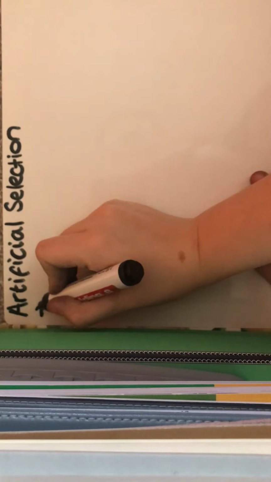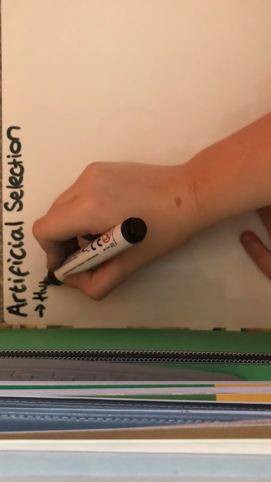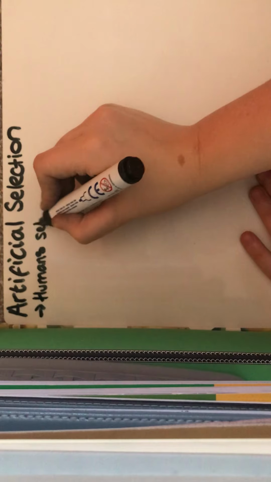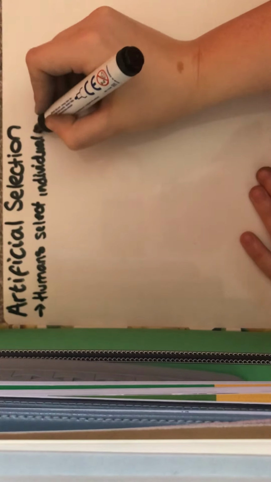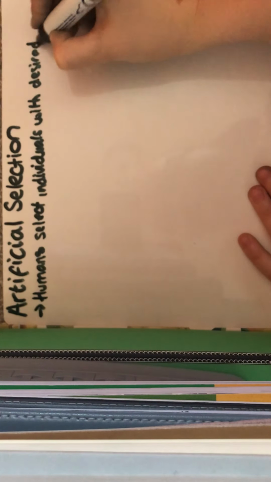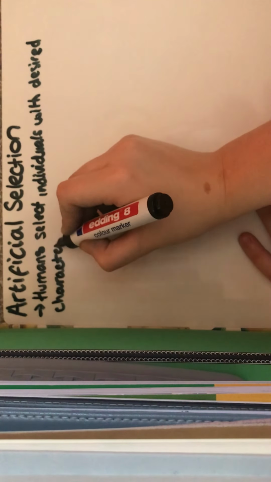So this is where humans select individuals with a desired characteristic. So if it was highest milk yield in a cow, then they would get the best cows that have the highest milk yields, or the strongest individuals.